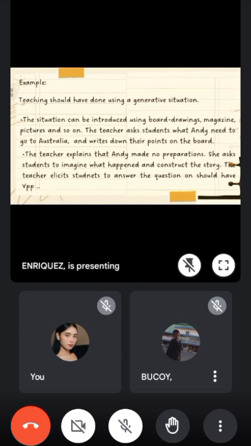Teaching should be done using a generative situation. The situation can be introduced using board drawings, magazine pictures, and so on. The teacher asks students what they need to go to Australia and write down their points on the board.